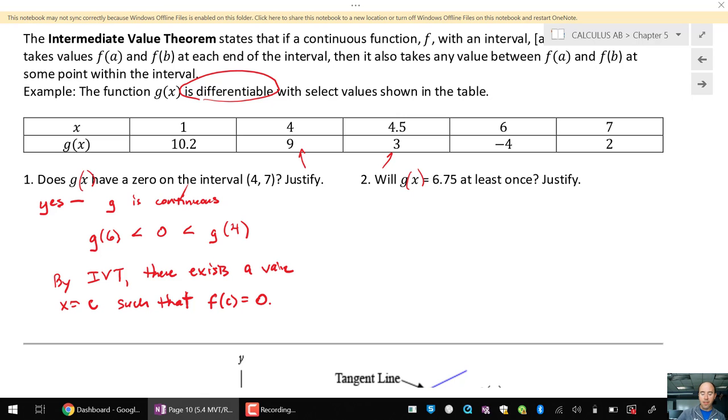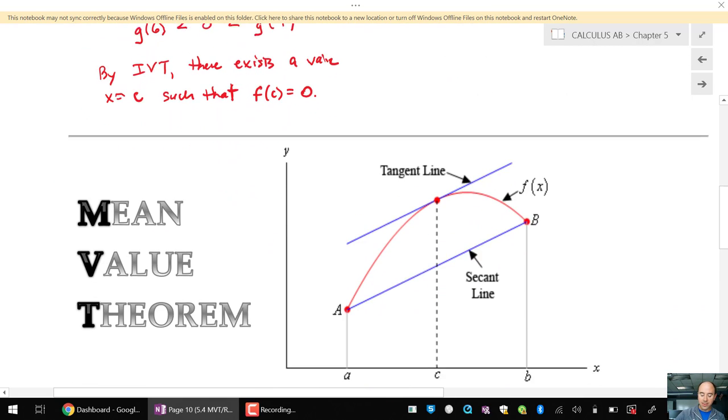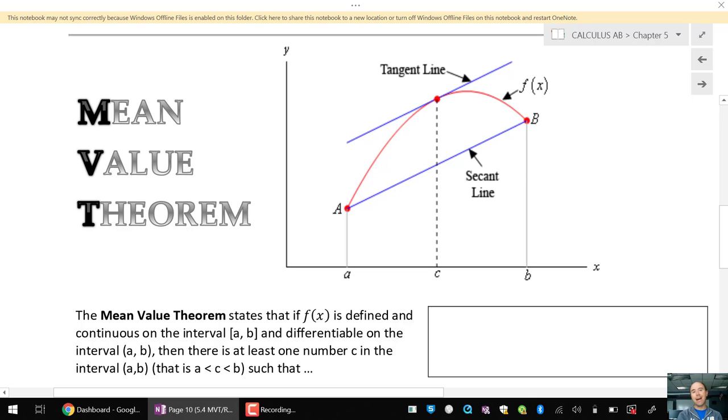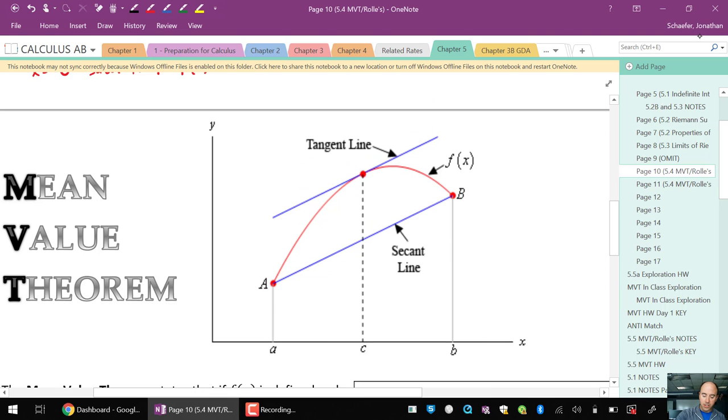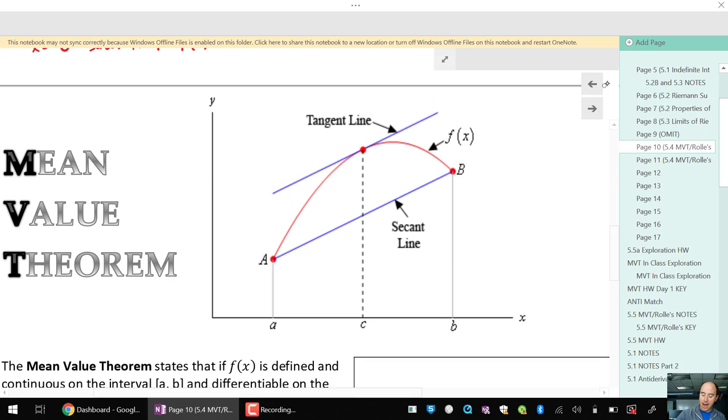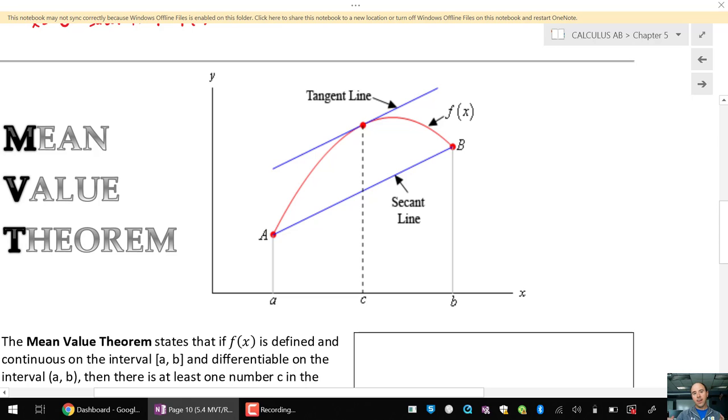So today, though, in this video, what I'd like to share with you is what the mean value theorem states and what it represents. And I like this image. You see a function in red, and then I have a secant line that's connecting f of a and f of b. So that there's the secant line. The slope of that secant line would be the average rate of change.